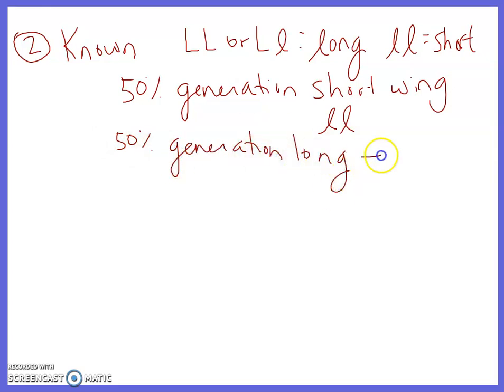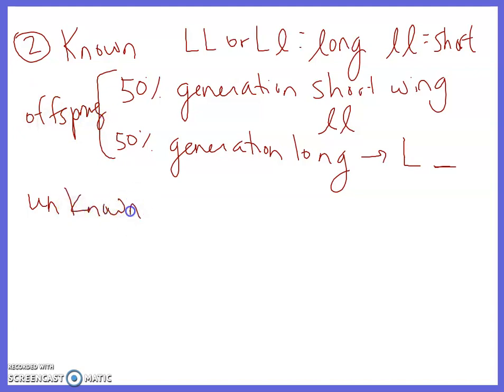And so that means that their alleles would have to be capital L, and then it could be either capital or lowercase, we don't know. So I'm going to just note again that these are the offspring. Our unknowns are the parents, which again, have two sets of alleles. So from here, we know that we have little l, so each parent has given a little l.